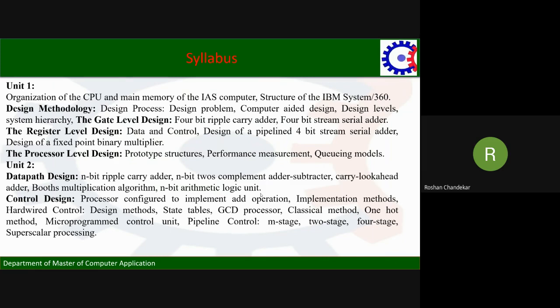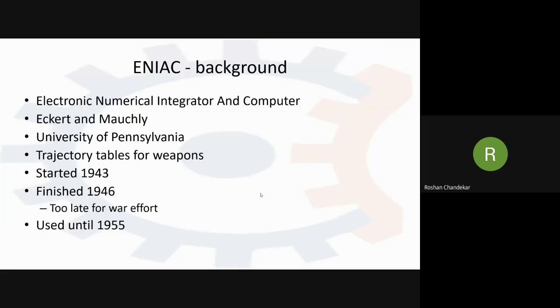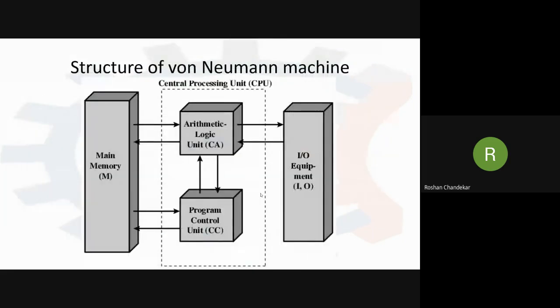Continuing with that lecture, in the last lecture we talked about the structure of the von Neumann machine, where there is a main memory attached to the ALU, the arithmetic logic unit, which we can call the central processing unit, and there is also a program control unit.